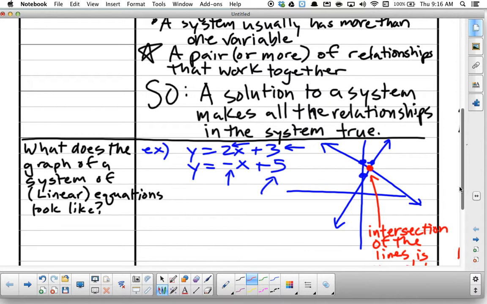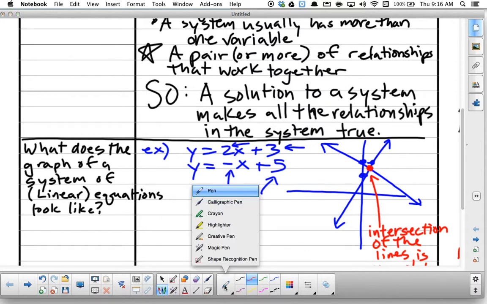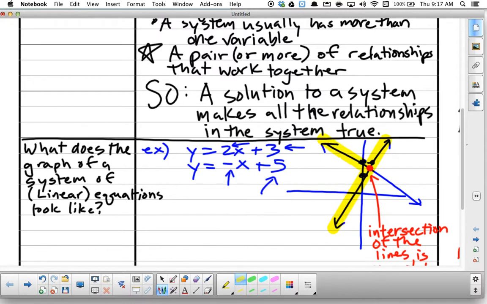I've got two graphs that are shown. I've got this first graph and this second graph, and the only place where they're both true, where they both exist at the exact same moment on the coordinate grid, is that spot where they intersect. And so the fact that they're both there at this spot at the same time means that that's the solution, because both things are true right at that spot.